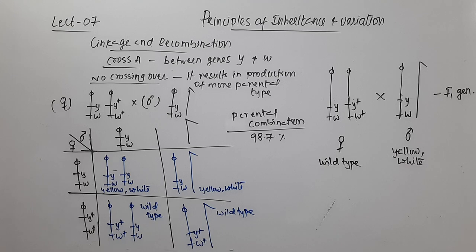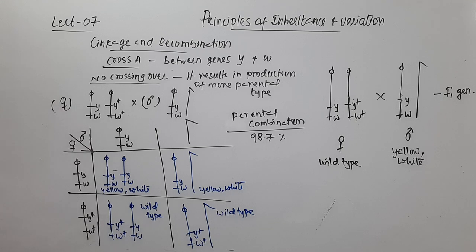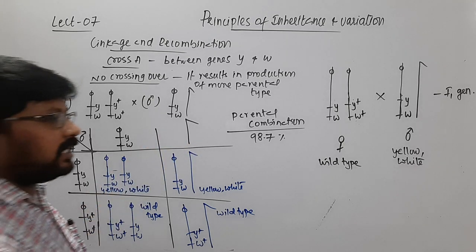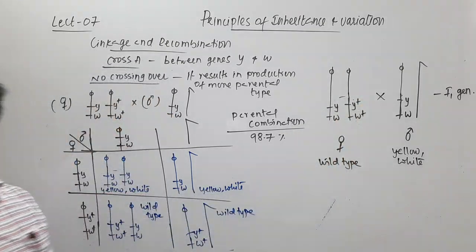So it means that more parental combination is because of no crossing over or less crossing over. Because of that, the parental combination will be more than recombinants. Recombinants I will again tell you. To understand the recombinants, we need to see the crossing over taking place between the parents.